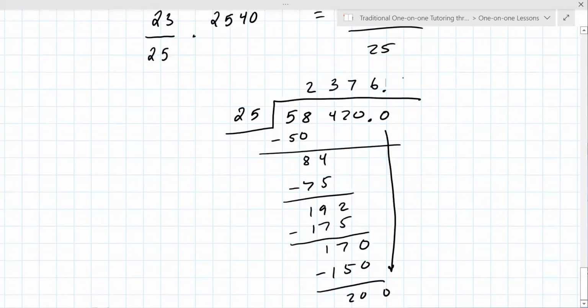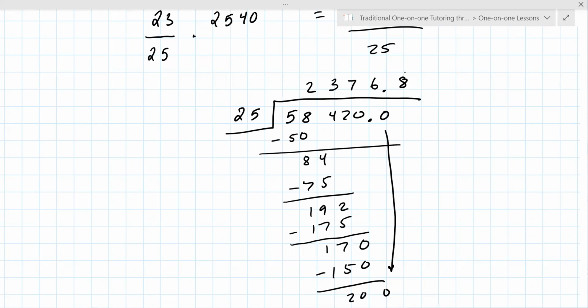Nine, not a 2, 3, 75. Um, 90. 2, 1, 17, 1,700.